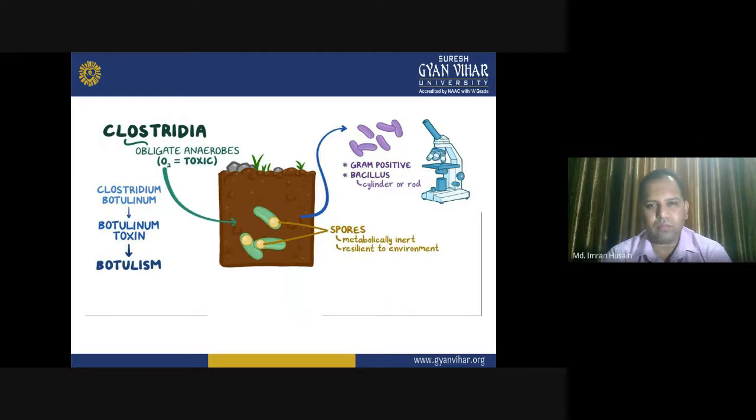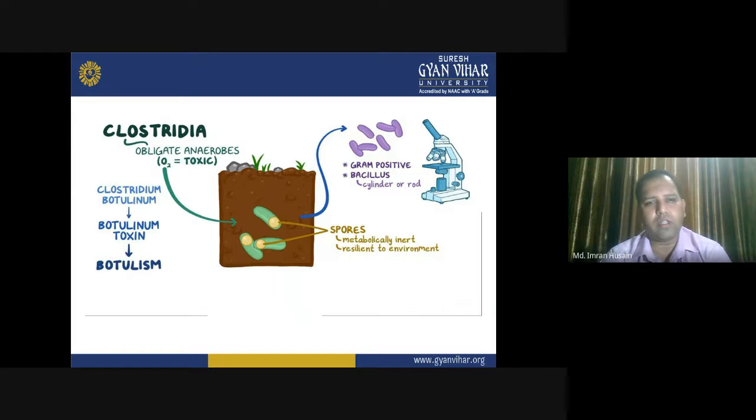So the spores are metabolically inert, resilient to the environment. Okay, they are also very tough to autoclave. Further, they are gram-positive spindle-shaped bacilli, mostly present in cylinder or rod shape. And when they are forming spores, their spores are of bottle shape. They can readily be observed under the microscope.